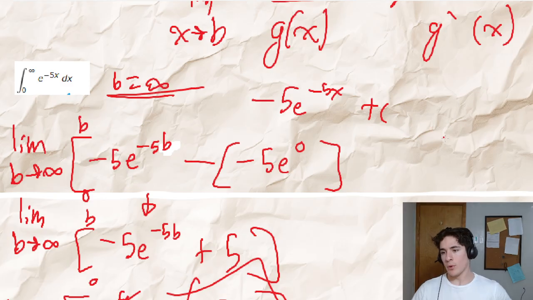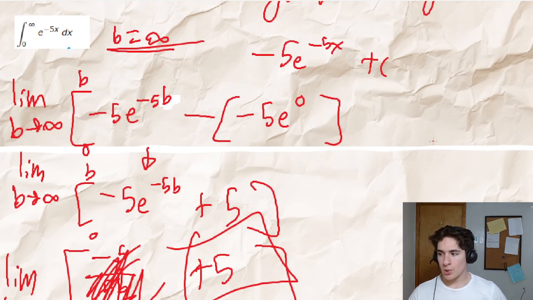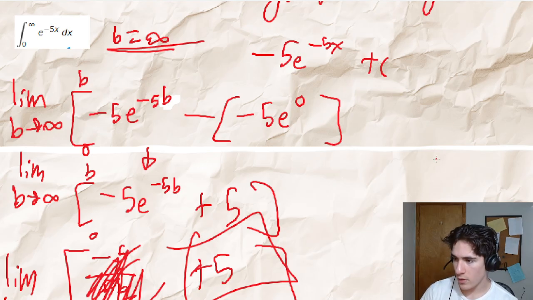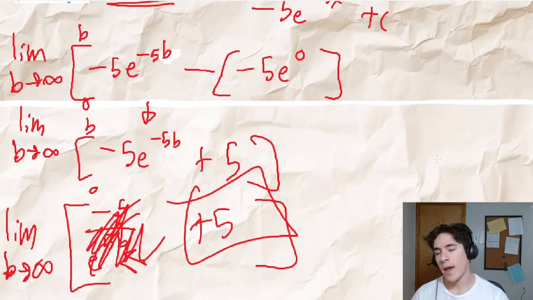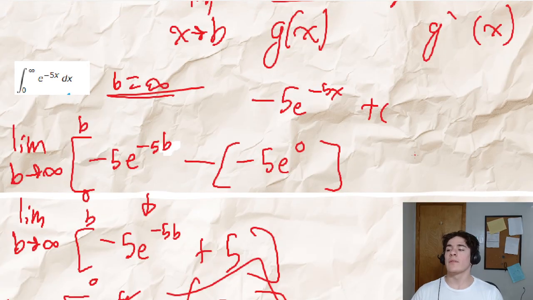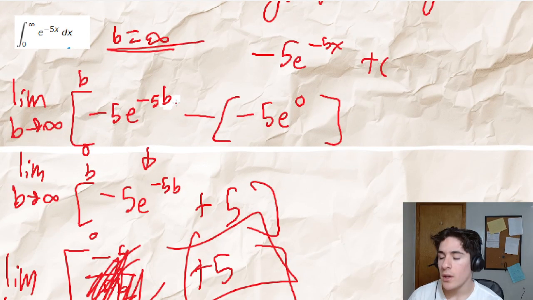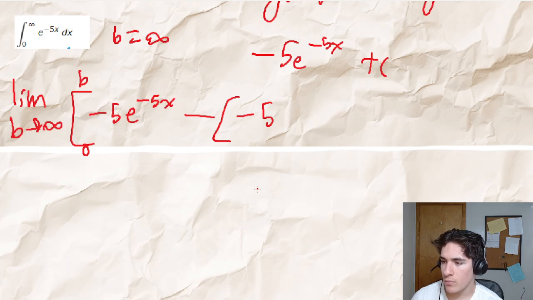This is a u sub moment. Yeah. Well, the derivative is minus 5 e to the power of minus 5x. That is what's wrong. I took the derivative instead of taking the integral. So removing all our work, sadly.